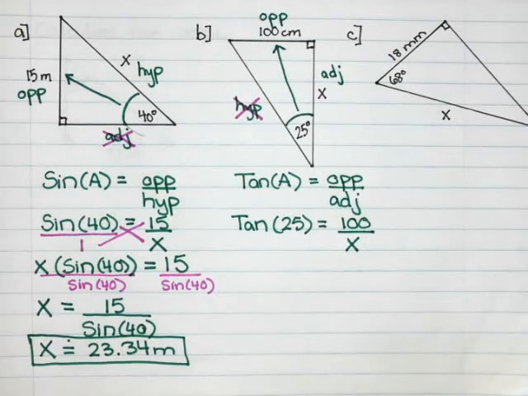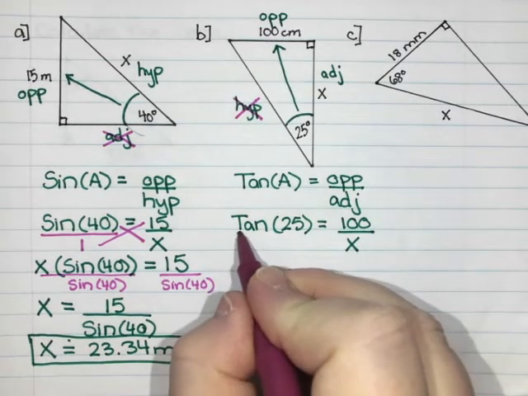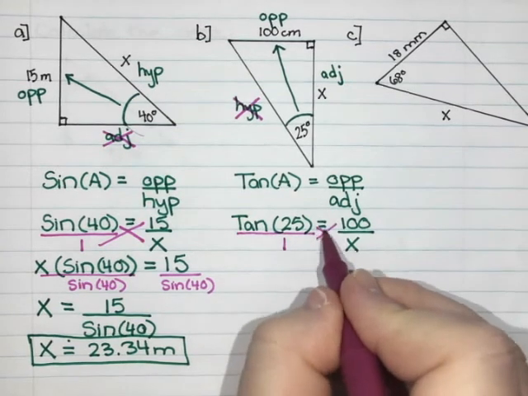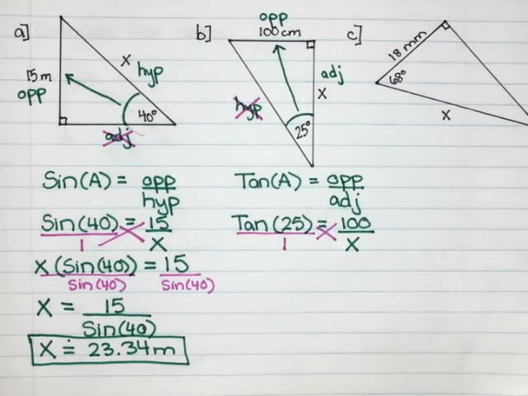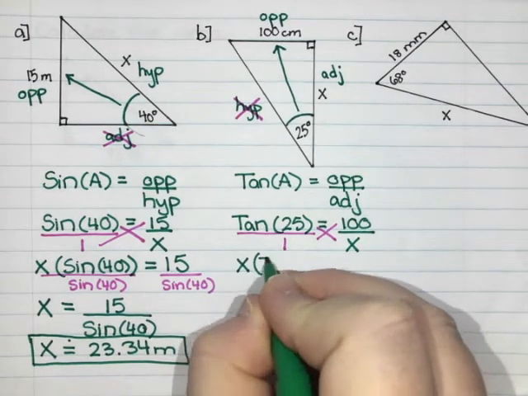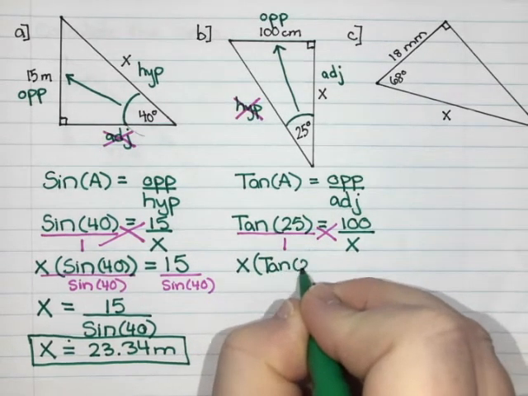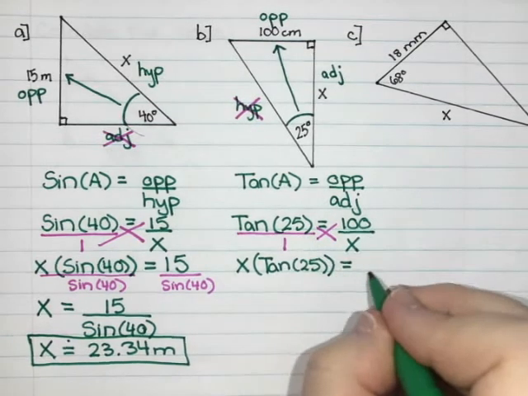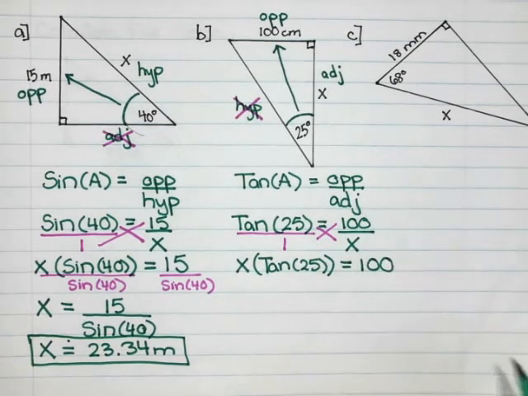From here, I want to start by cross multiplying. This tan of 25 is secretly over 1, so I'm going to cross multiply. X times tan of 25 equals, and then 1 times 100 is 100.